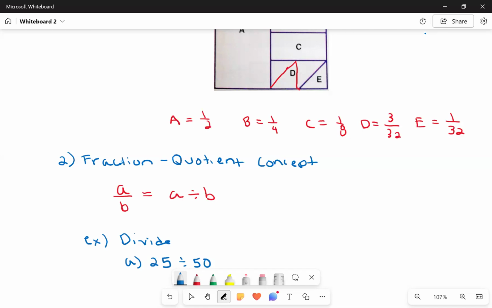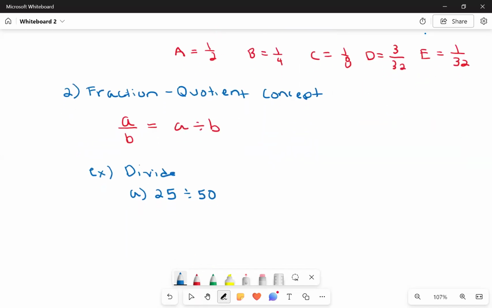Because it doesn't go in nicely, what we want to think about is how we could actually take 25 things and divide them into 50. You might remember that we looked at different ways of thinking about division previously. If you weren't with us last term, you might not be as familiar with it, but there was measurement versus sharing.